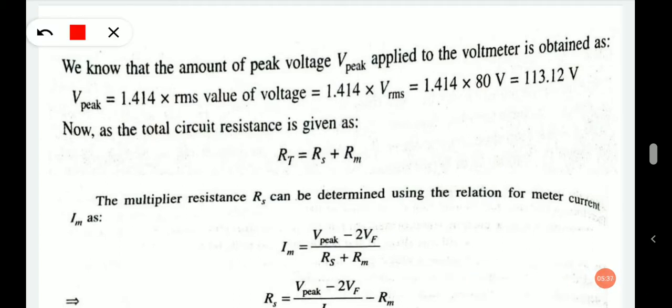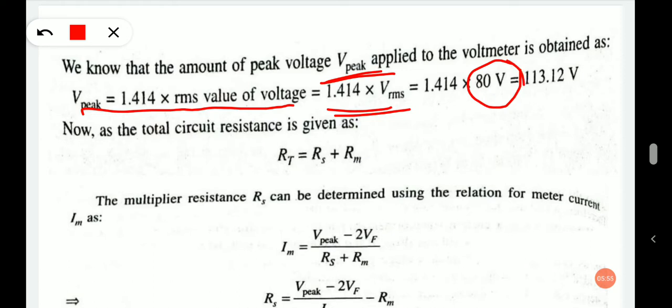We know that the amount of peak voltage V peak applied to the voltmeter is obtained as V peak equals to 1.414 into VRMS, and we already have the value of VRMS, that is 80 volt, into 1.414.